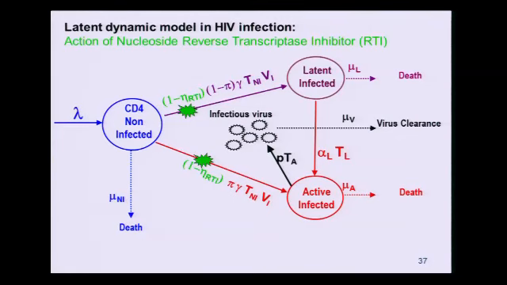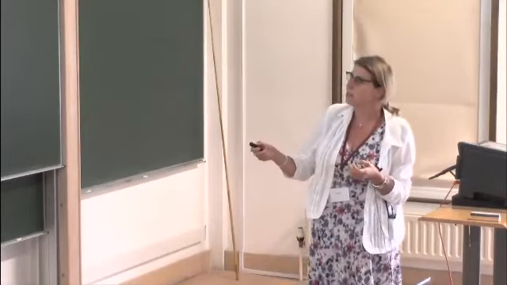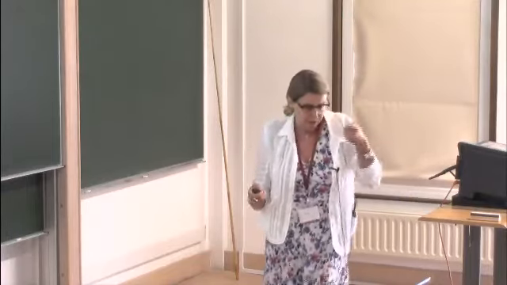This is a new parameter, eta RTI, which is how much we block. If eta RTI is 0, there is no activity of the treatment. If eta RTI is 1, the treatment will be perfect. We know that they're not perfect, that's why we need a combination of drugs, but it's very important to estimate this eta RTI, the efficacy of the treatment.